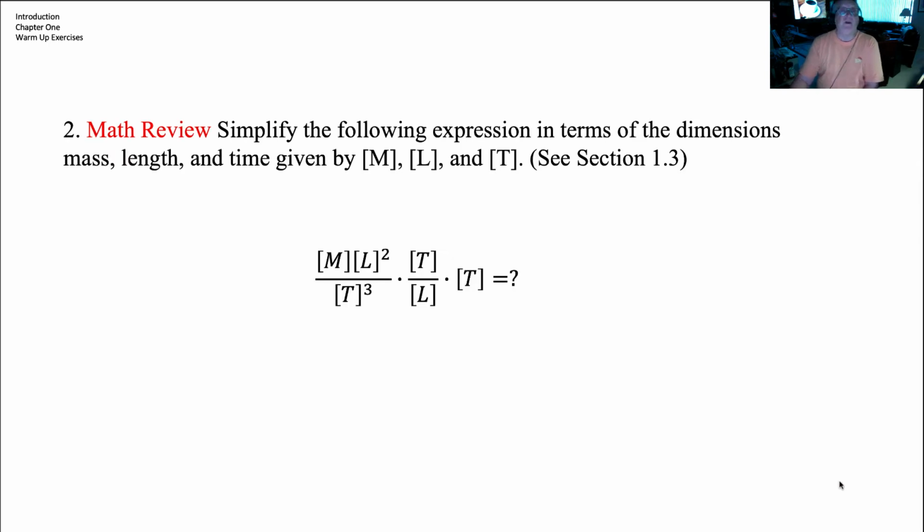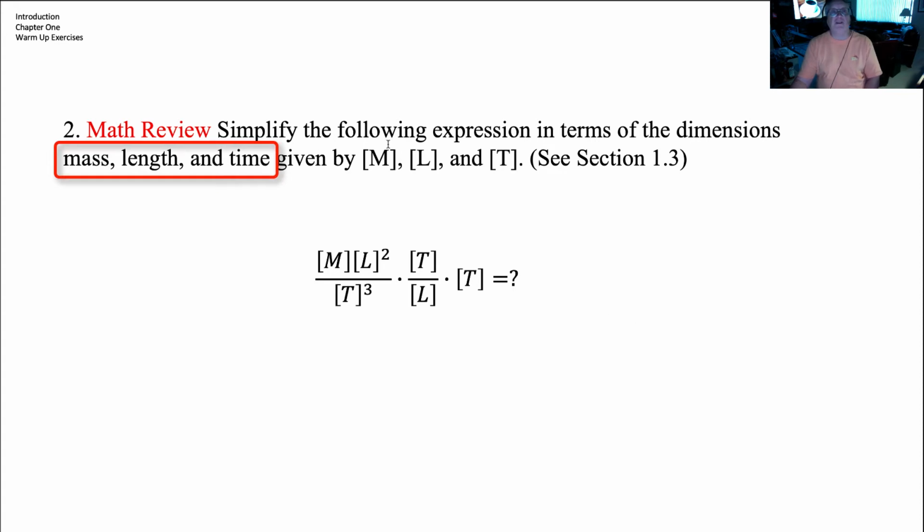Number 2. Okay, this becomes very important in understanding this concept of dimensional units or unit dimensions. In this case, we have 3 dimensions that we look at primarily in physics: mass, length, and time.